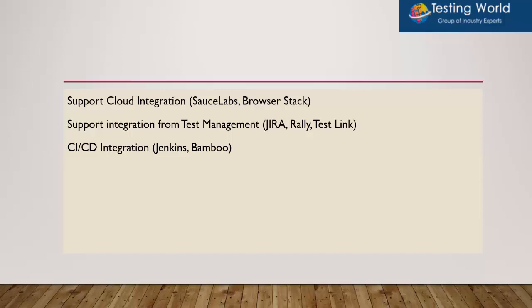There are some cloud applications which give support for multiple browsers with multiple browser versions. This means you need not install these browsers with different versions on your local machine. You can use these cloud applications, like Sauce Labs, BrowserStack and many more.